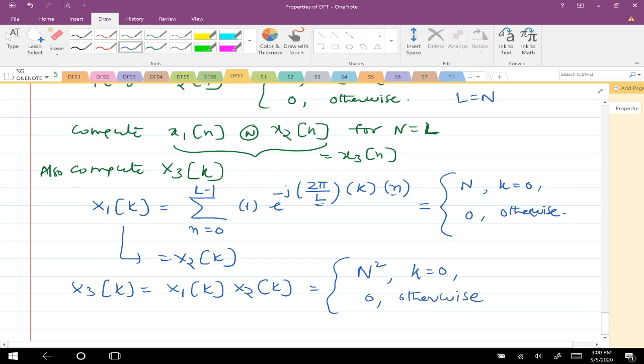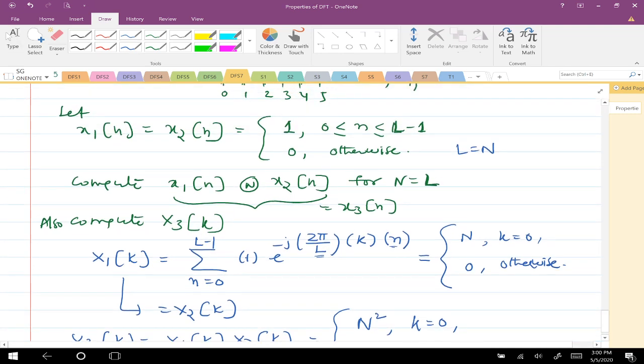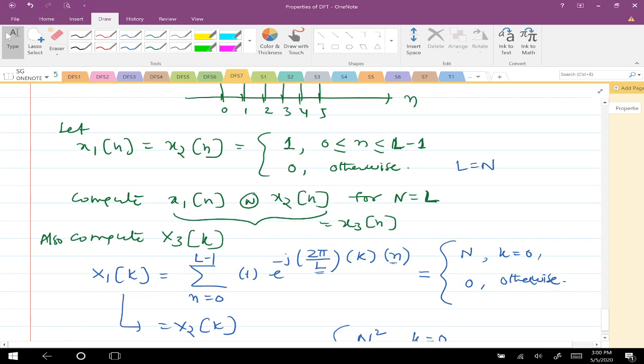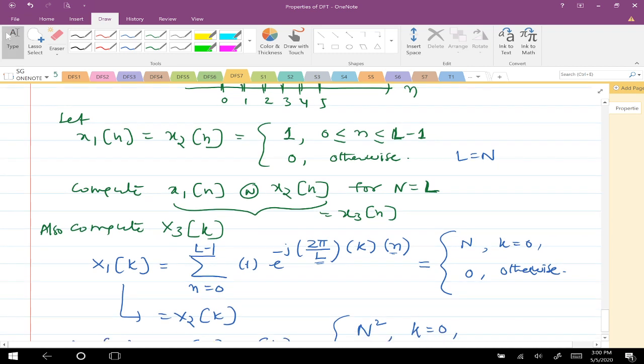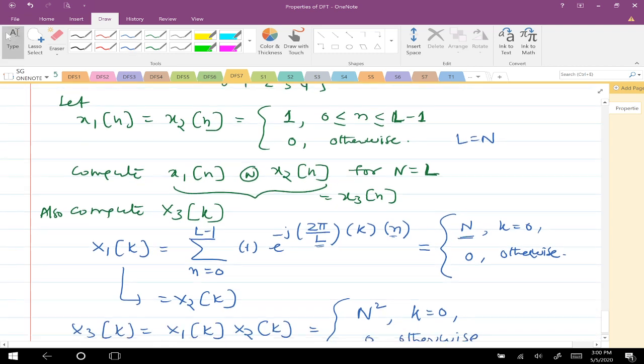Can we not compute the inverse DFT of it? Can you make a guess from what we computed already here? Make use of the property of scaling. If you had all ones, you got the DFT as capital N at k equal to 0 and 0 otherwise.